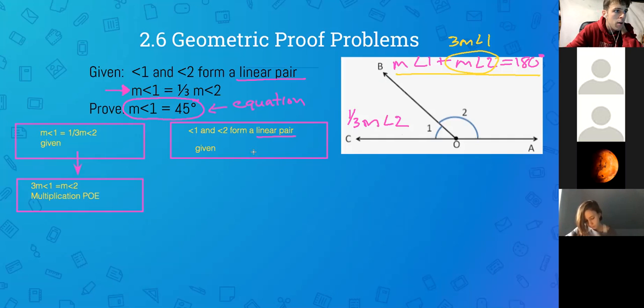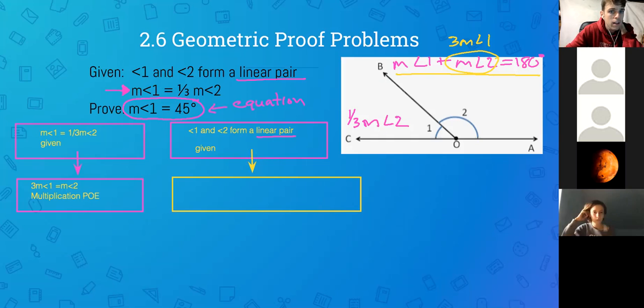Now I'm going to take that linear pair relationship and state that it means they add up to 180. So the measure of angle 1 plus the measure of angle 2 equals 180. There is actually a theorem for this. It's called the linear pair theorem.